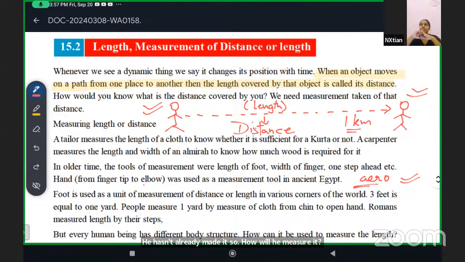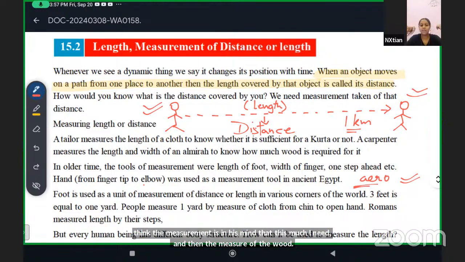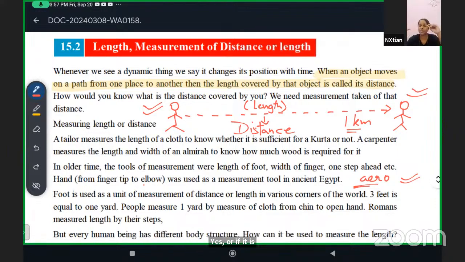I think the measurement is in his mind, that this much length of almirah I need, and then he measures the wood of that much length, 5 feet or 4 feet, and then makes the almirah out of it. Or if the base is made, and he needs to put wood on it, like the extra material, then he can do that.